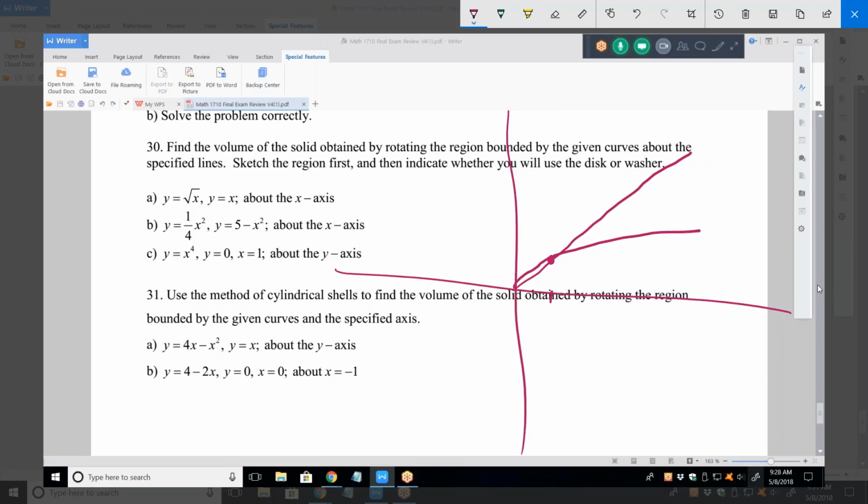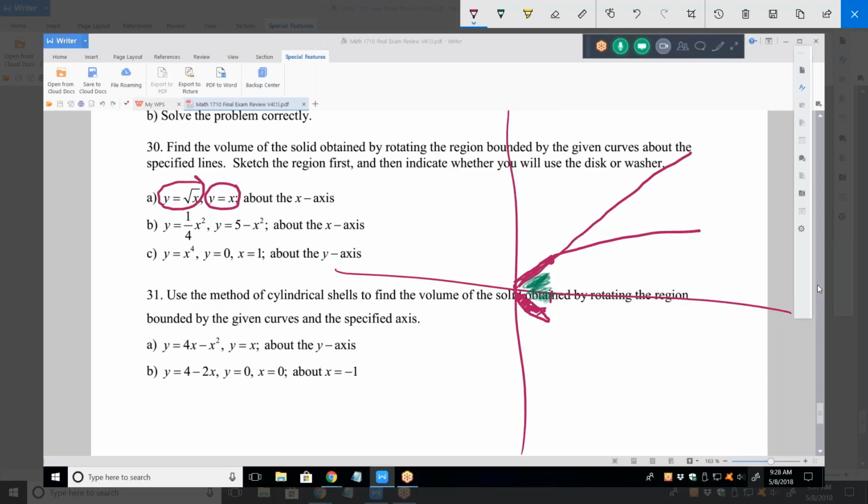So in other words, this curve is above this curve between 0 and 1. So now when I rotate it, I get a solid that looks a bit like a flower, where all of this is empty space. But I end up with a three-dimensional object that looks kind of like that.